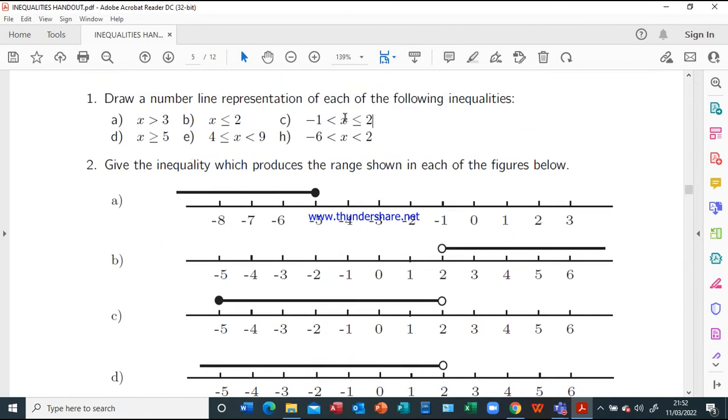Number 1C, where they have said draw the number line representing each of the following, but now what if they say solve it the way it is? Here you can't solve. It's already a final representation. You're already told this is a solution. So here you are not solving.